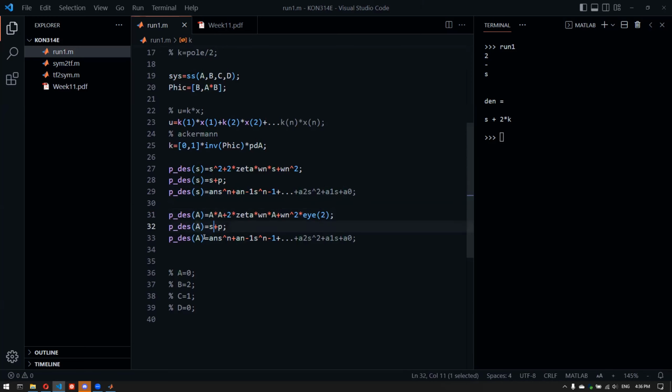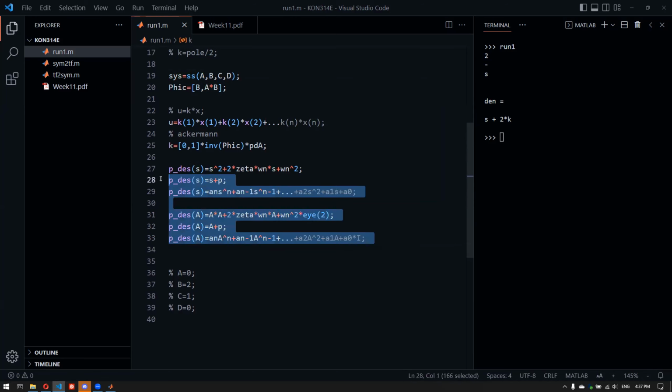Or A plus P times identity, which is basically 1 as A is scalar. Or here, it's going to be A to the power of n, A to the power of n minus 1, A squared, A, and then the identity matrix.